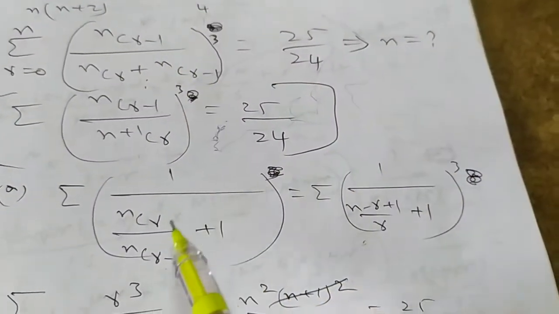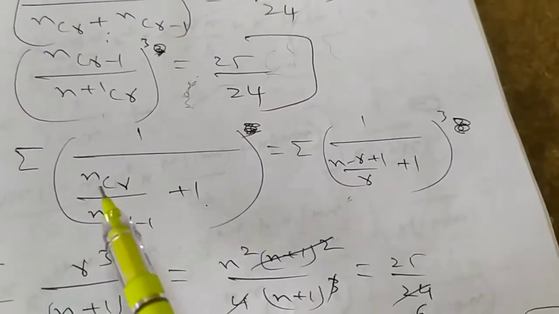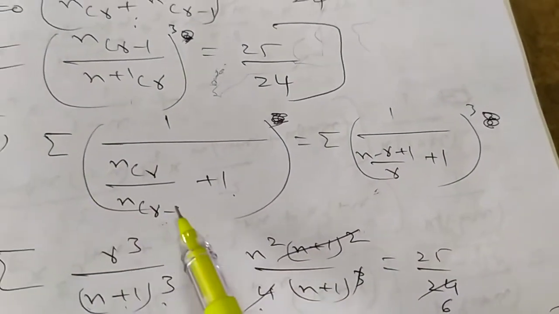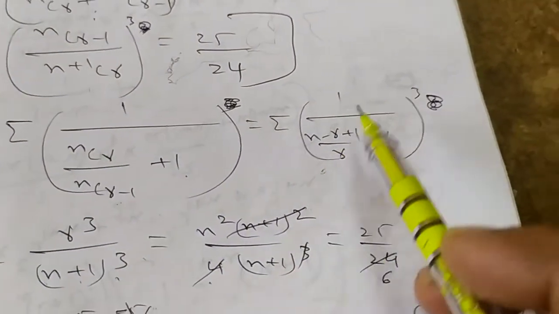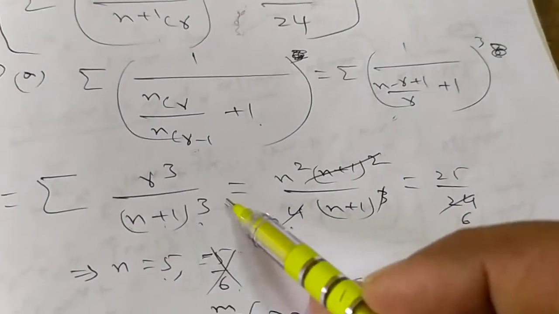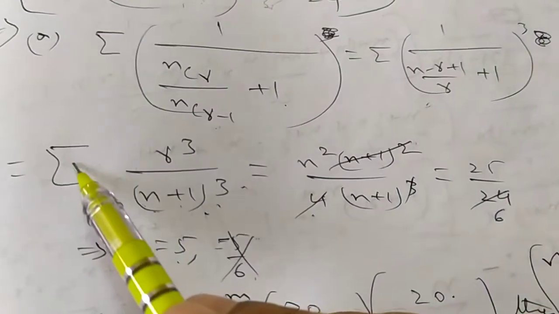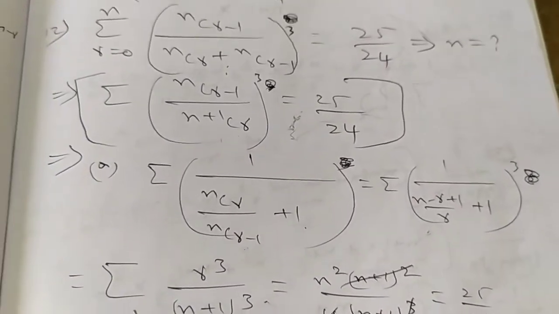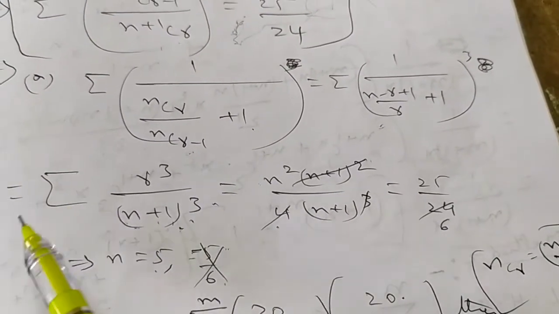So numerator 1, denominator nCr by nCr minus 1 plus 1. There is a formula for nCr by nCr minus 1; it is one of the properties of NCR. See the first class of binomial theorem. Formula for this is n minus r plus 1 by r. On simplifying, we get r cube by (n plus 1) whole cube. So (n plus 1) whole cube is constant with respect to this sigma, because in sigma r equal to 0 to n, r is the variable and n is constant. So we can write that outside.